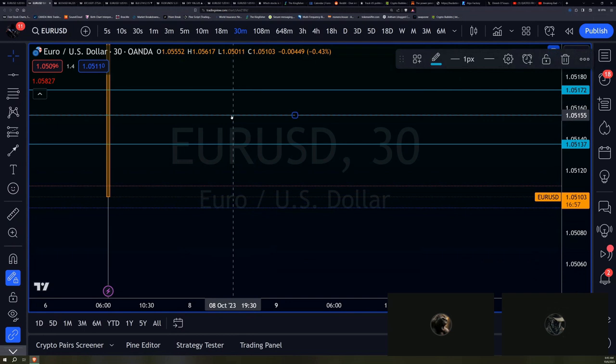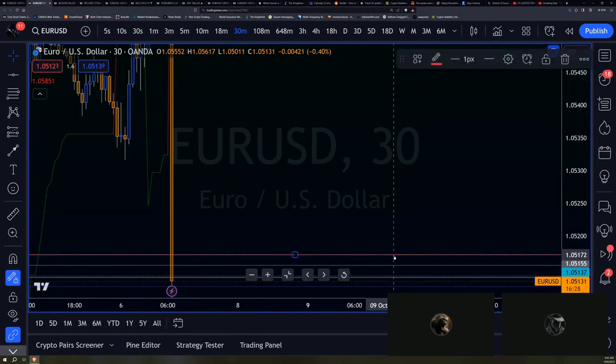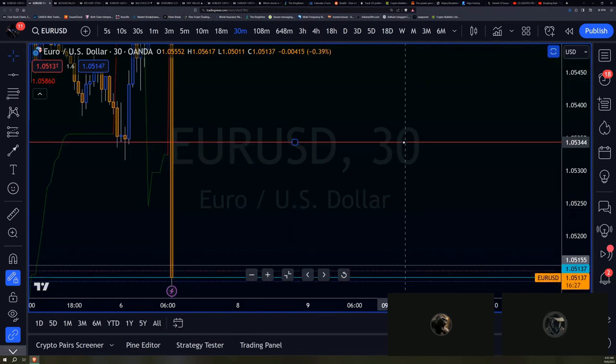Then I'm going to move these away from price so that we don't get confused. We're just simulating the spread right now.